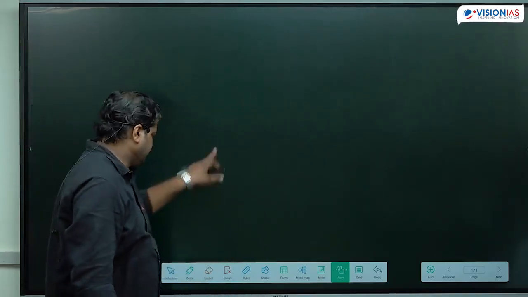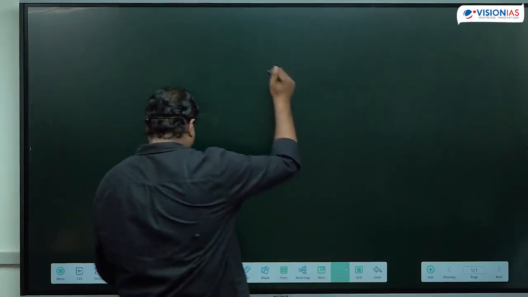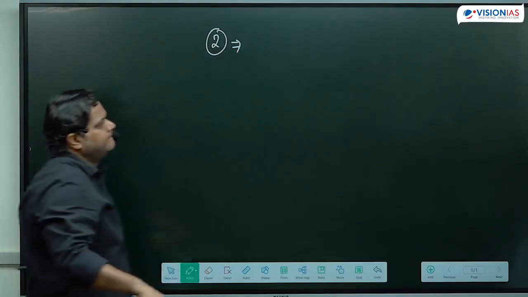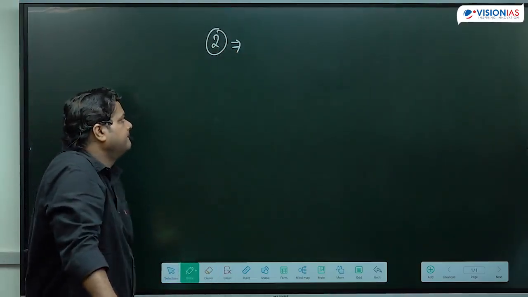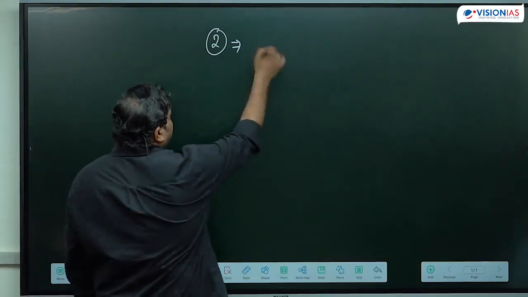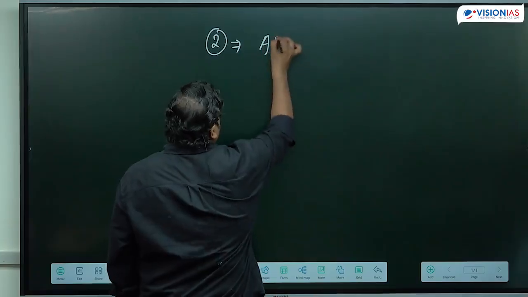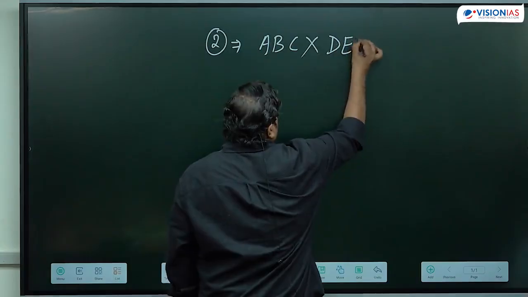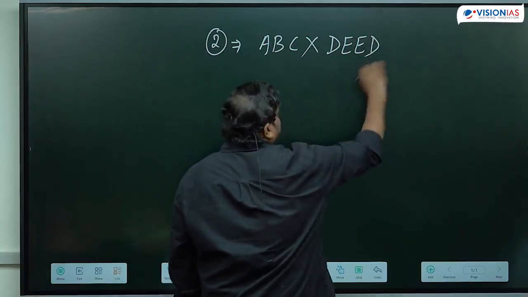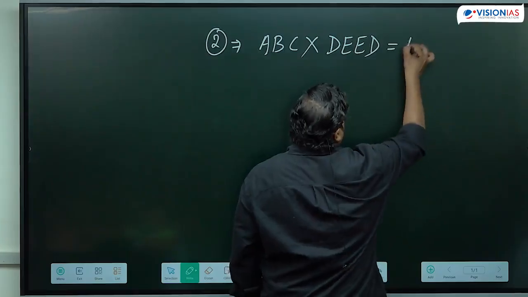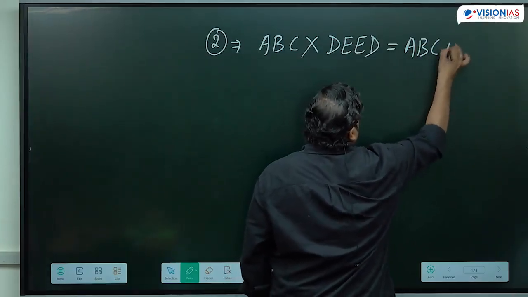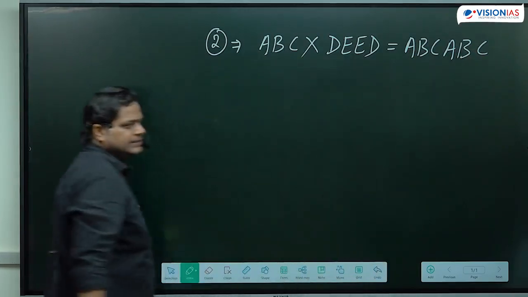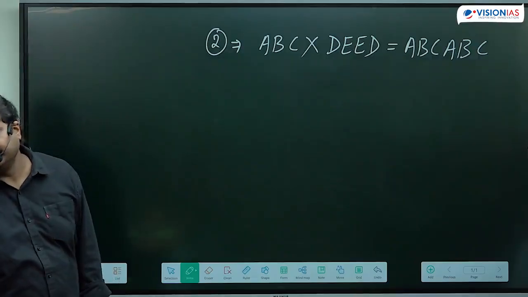If I write one problem this way, ABC into D E is equal to ABC ABC, where ABC and D E are digits.